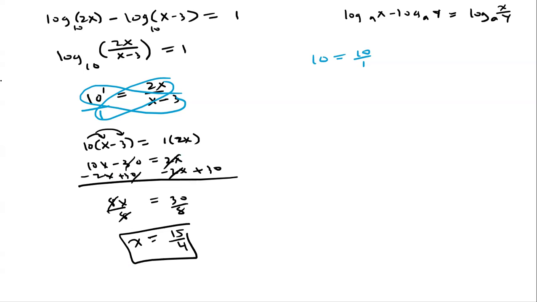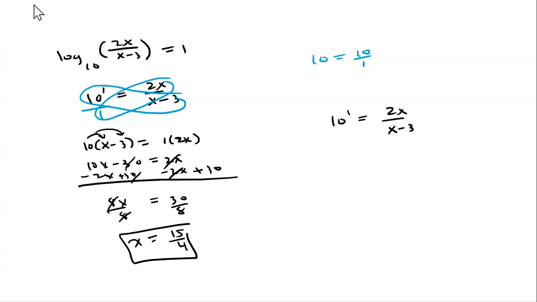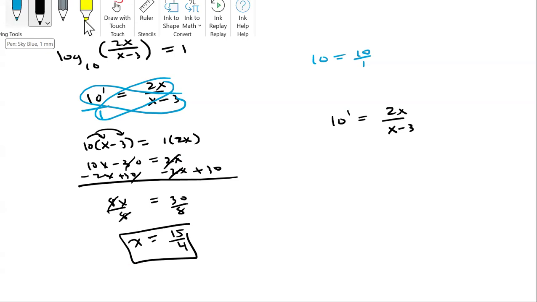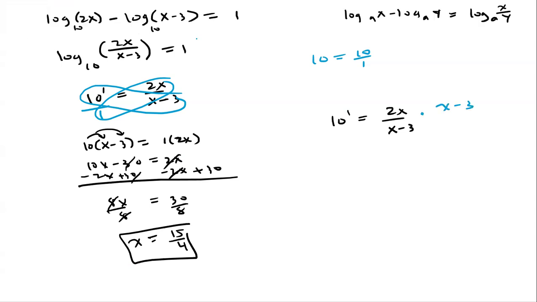Now, another way to do this: we have 10 to the first power, which is 10, equals 2x over x minus 3, as we've learned many times before. We have an LCD of x minus 3, so we can multiply both sides by x minus 3.